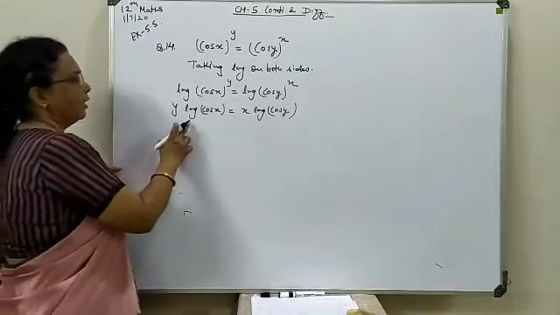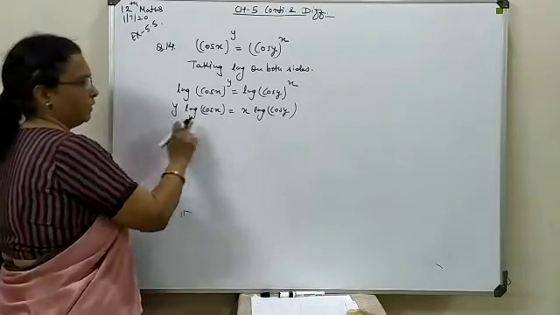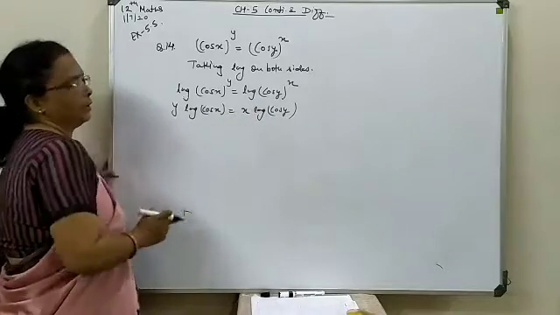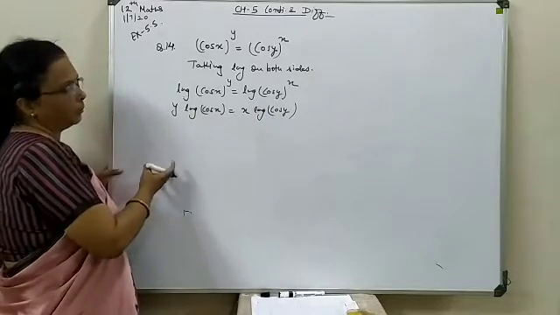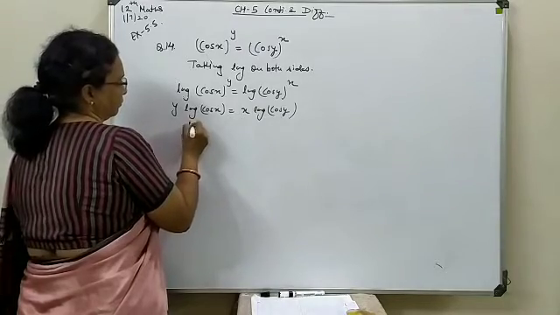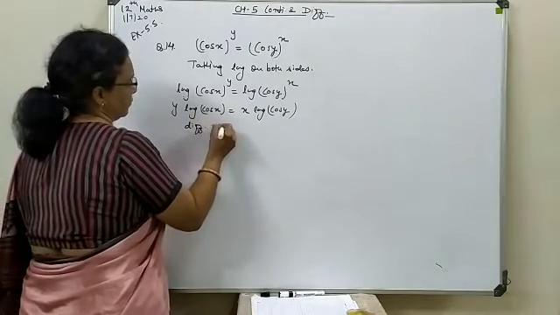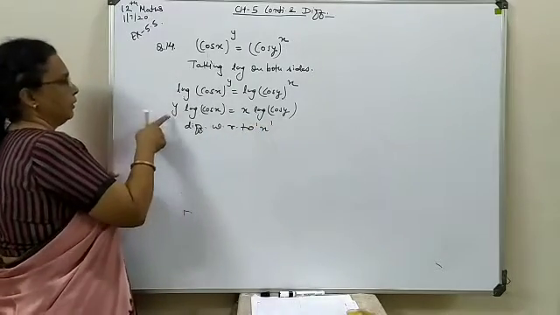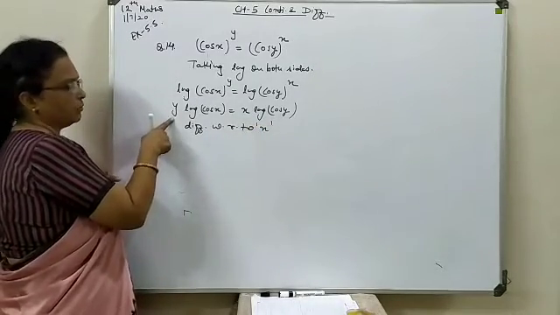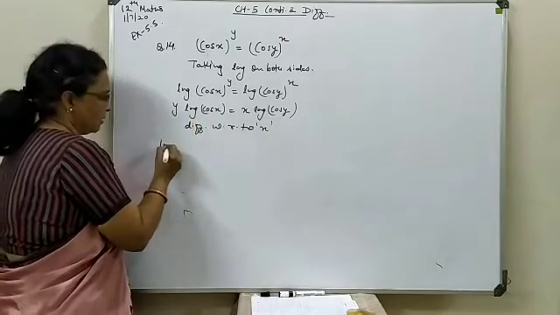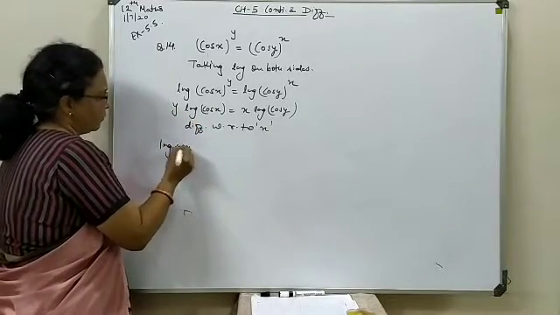Now differentiation with respect to x on both sides. Here on both sides you can see two terms are available in product form, so the product rule you will implement. So differentiate with respect to x. First of all, this y we are going to differentiate, so it will be dy by dx, keeping log cos x as such.